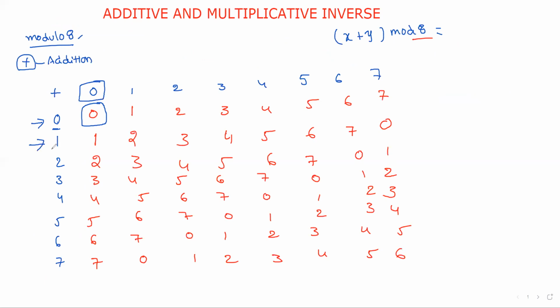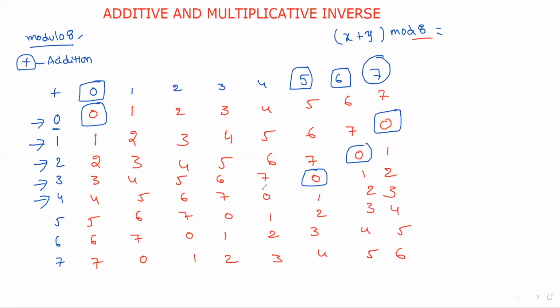For value 1, what is the additive inverse? 0 occurs at this position, so 7 is the additive inverse. For row 2, 0 occurs at this position. That is, for the value 2, the additive inverse is 6. Value 3, 0 is at this position, so the additive inverse is 5.